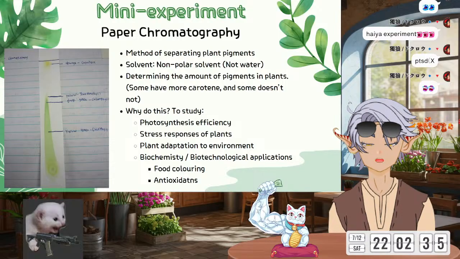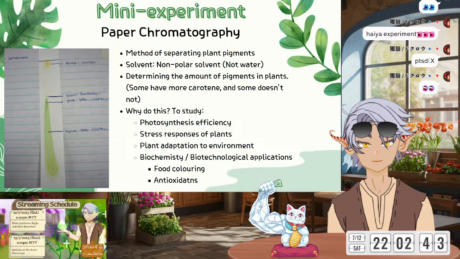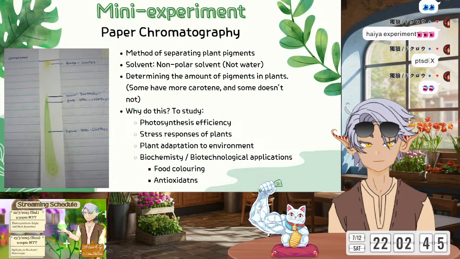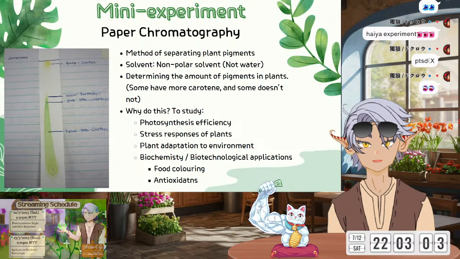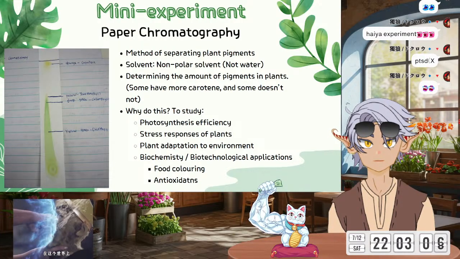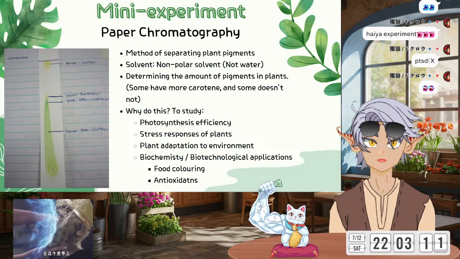It is used for nails, 指甲油, to remove nail polish. So this experiment is to determine the amount of pigment in a plant, how much pigment is inside the plant. Some have more carotene, some do not. Maybe because I did this experiment before in my STPM time, we used bayam hijau and bayam merah.